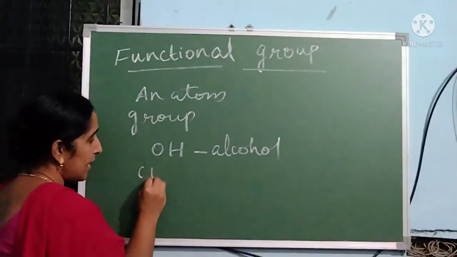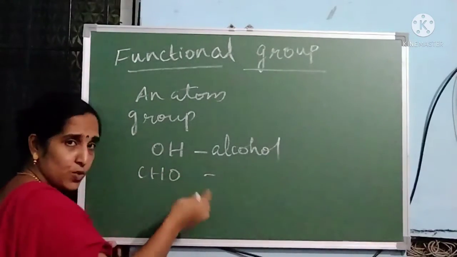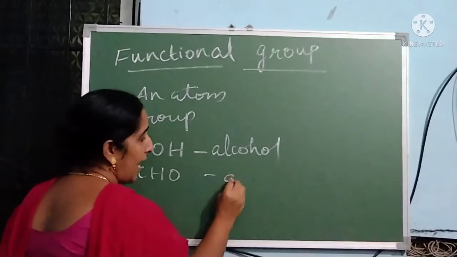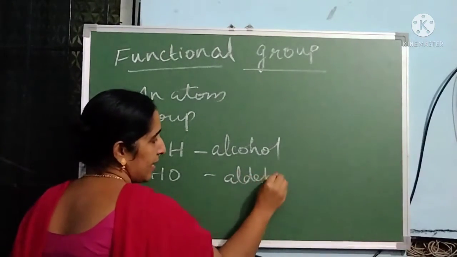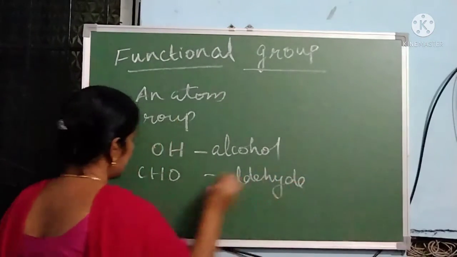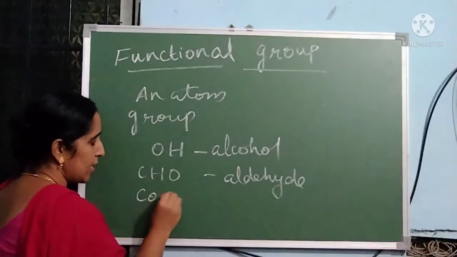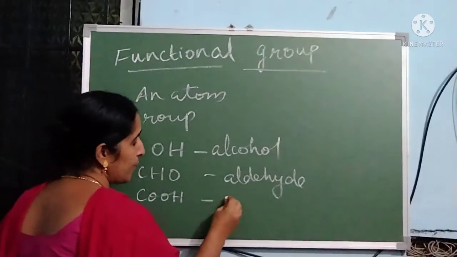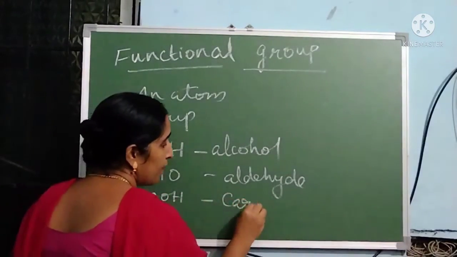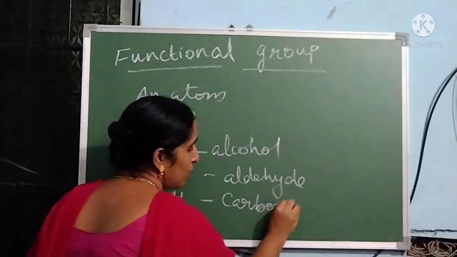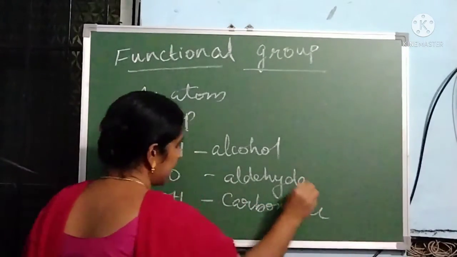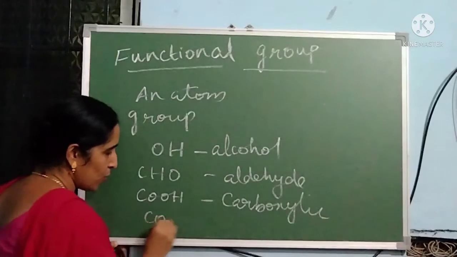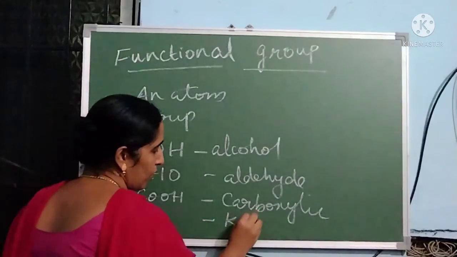Then next one is CHO. CHO is a functional group of aldehyde. Then next one is COOH. COOH is a functional group which belongs to carboxylic acid. Then next one is CO. CO belongs to ketone.